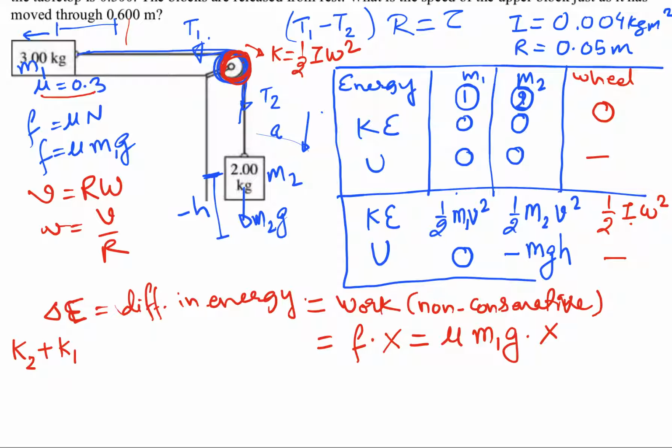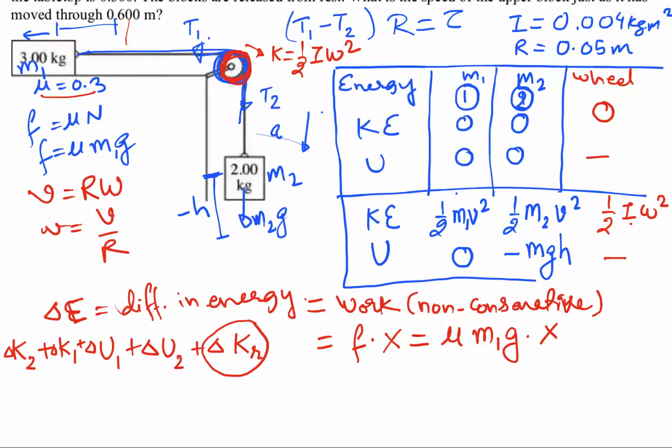That is the difference in kinetic energy of the first mass and second mass, the difference in the potential energy of the first mass, the difference in the potential energy of the second mass, and then the difference in the rotational kinetic energy. This gives you the difference in the energy. This part, don't miss this part.